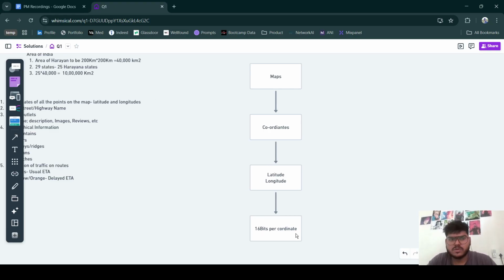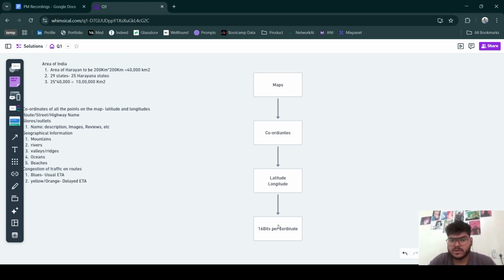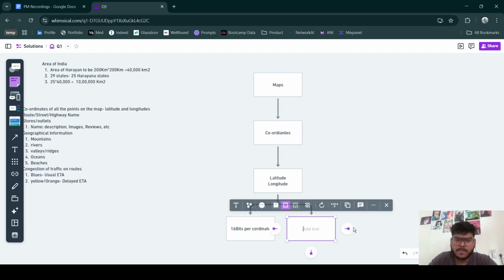And assuming the area of India is 10 lakhs kilometers square, and that 1 meter square of area will have one coordinate, it is my assumption. So 1 meter square of area on the Indian plane will reflect a coordinate. First of all, 10 lakhs kilometers square, 1 kilometer has 1000 meters.